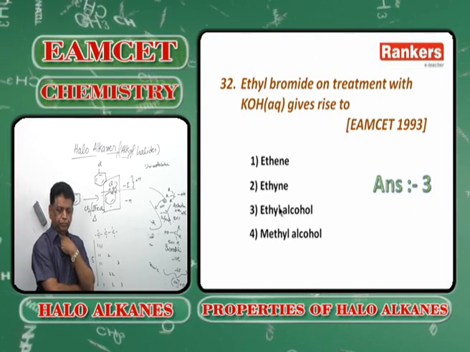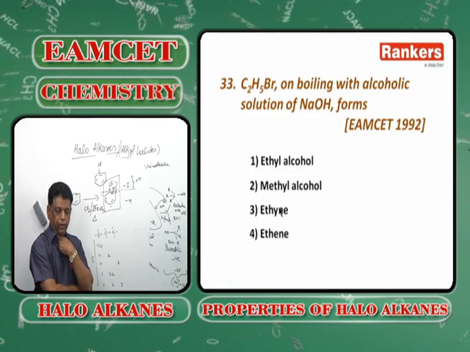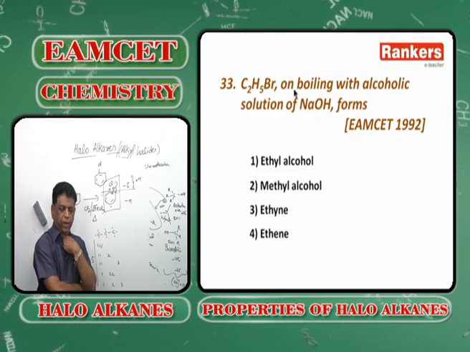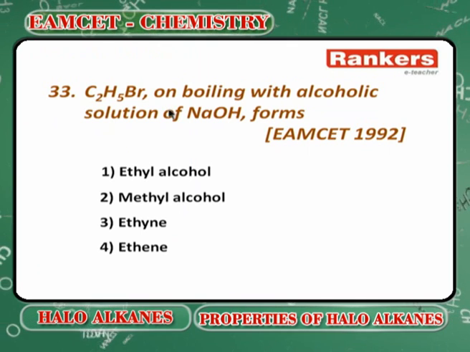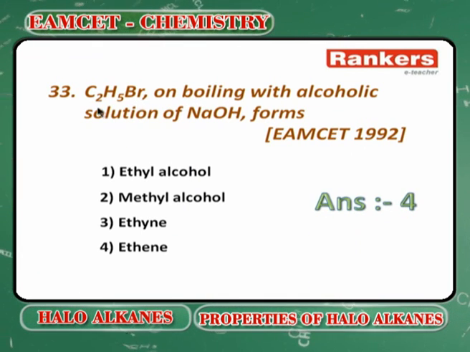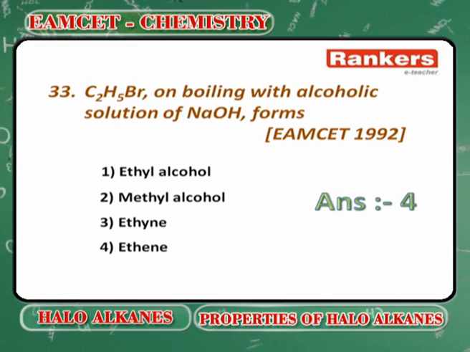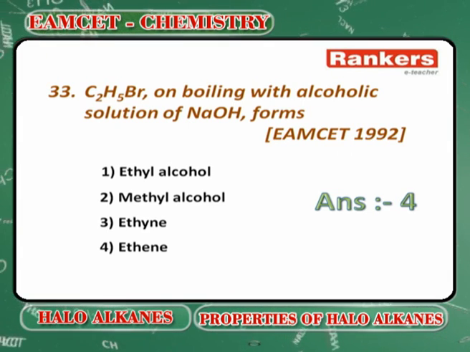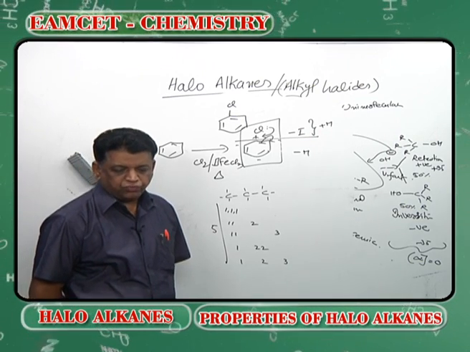Next, ethyl bromide on boiling with an alcoholic solution of NaOH: alcoholic base means alkene will be the answer. Alkene means ethylene, so the answer goes to the 4th answer.